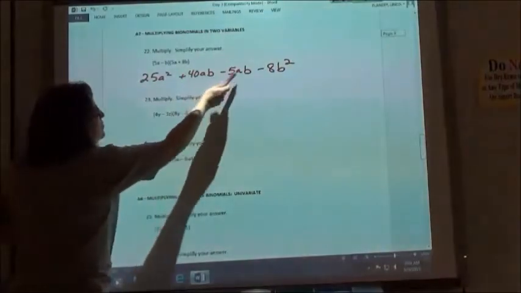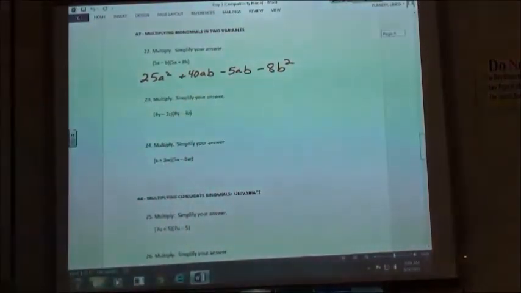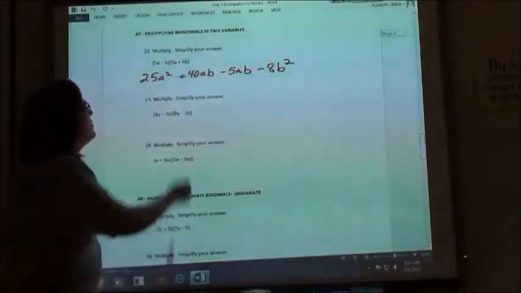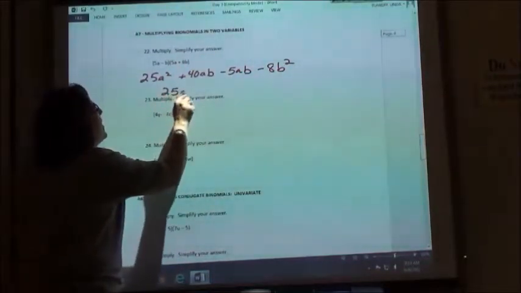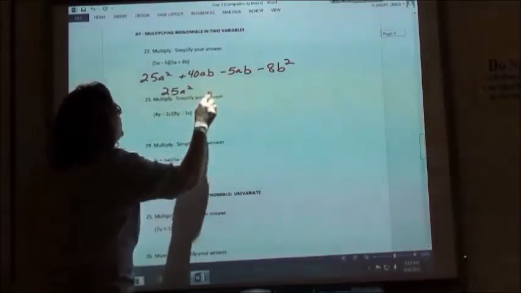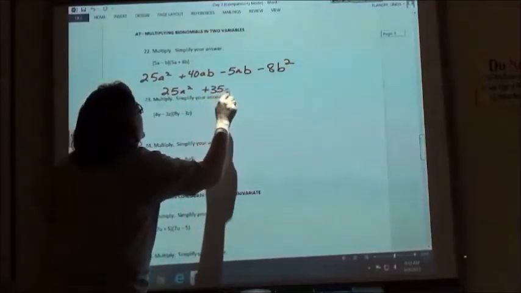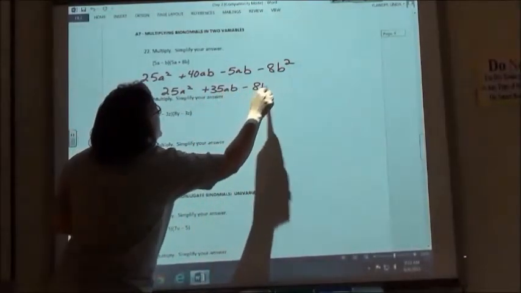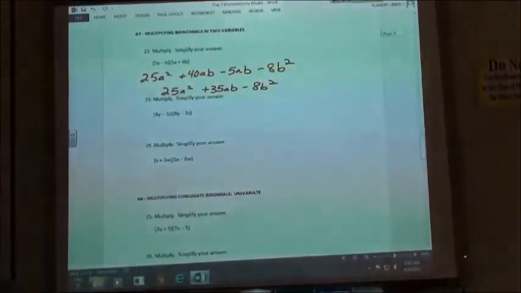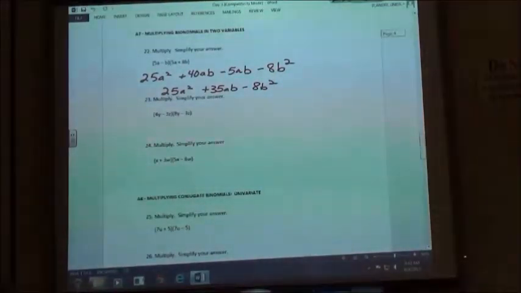Now in these ones I do suggest that you try to put them in alphabetical order just so you recognize they're like terms. AB and BA are the same thing. Then I can combine my like terms, so I'm going to have 25a squared, 40 minus 5 would be positive 35ab, minus 8b squared. And I get a trinomial for my answer.